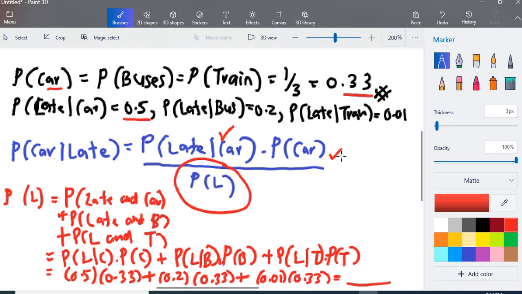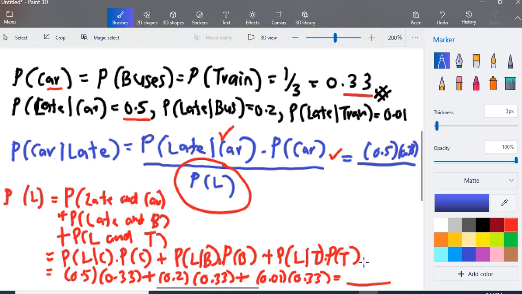From here, you can solve it by just substituting the information. Late given car is 0.5 times P(car) 0.33, and you divide it by this figure. What is this figure?